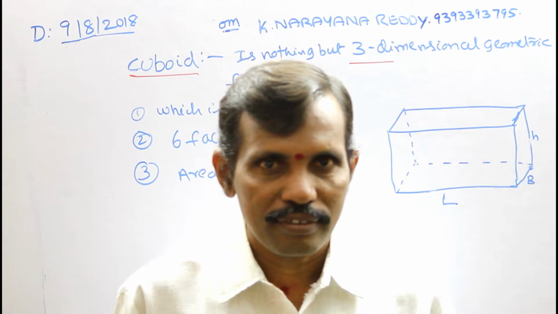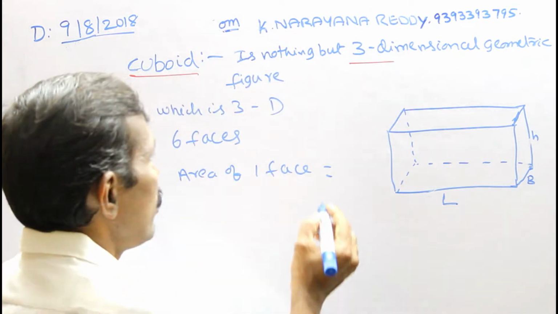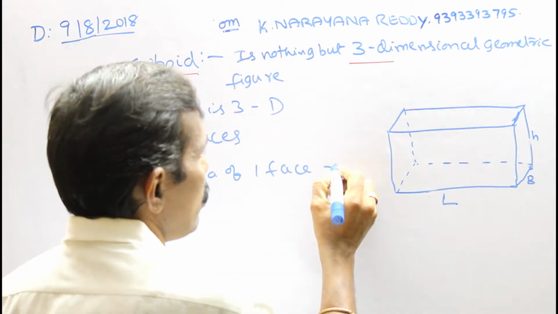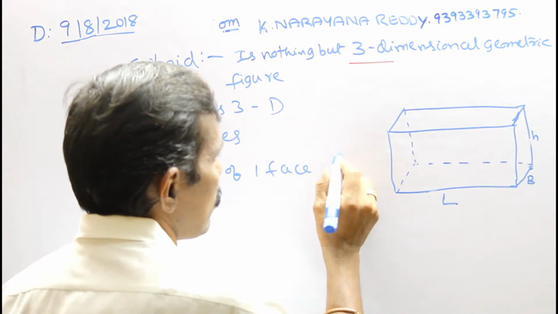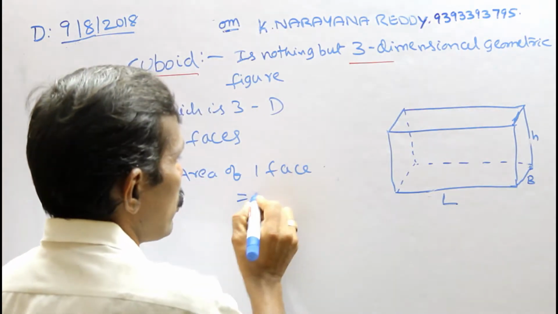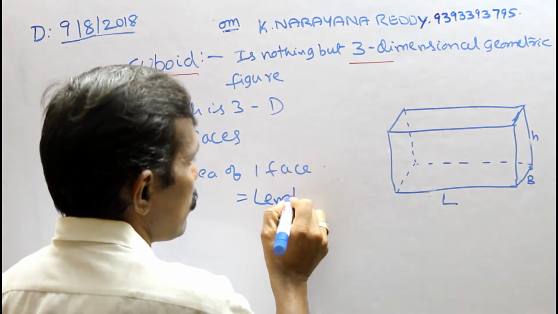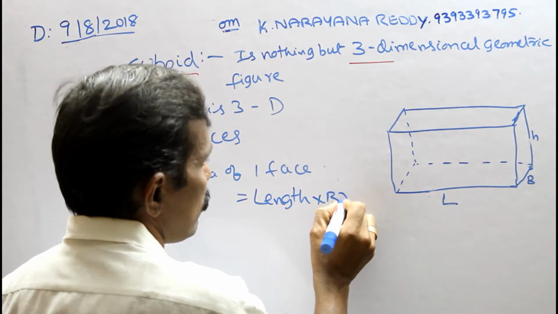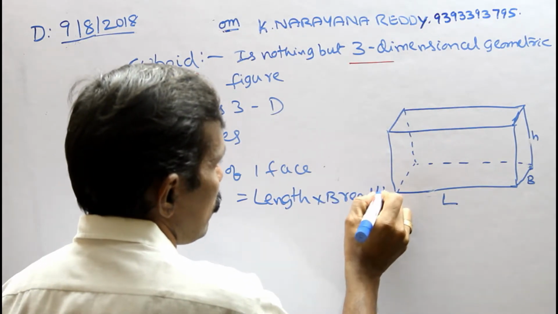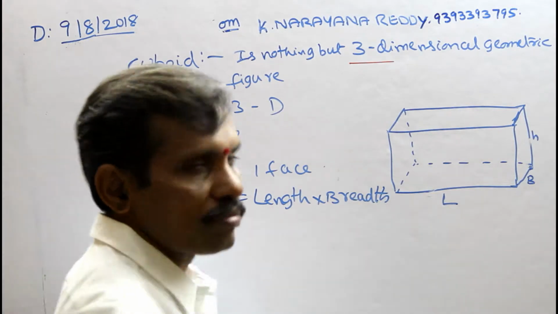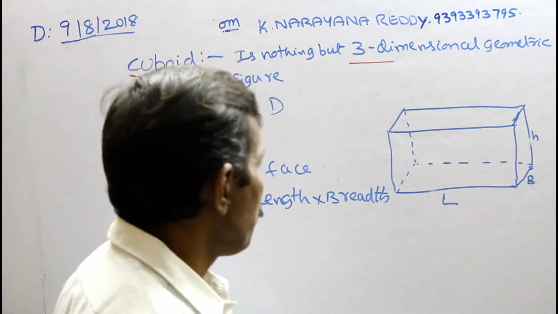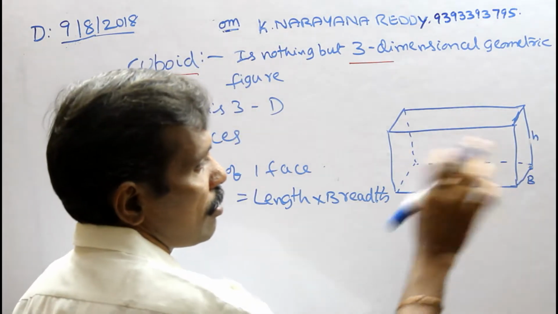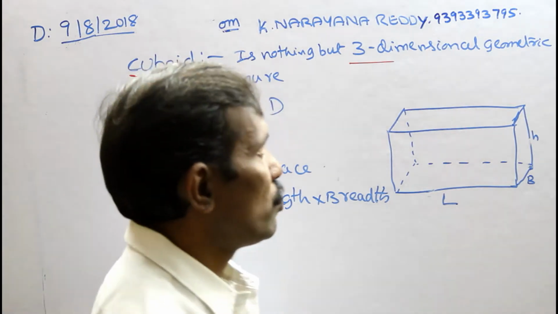Length into breadth. So the area of each face is equal to length into breadth. That is over.